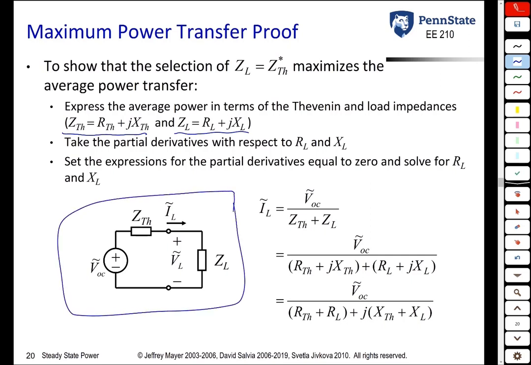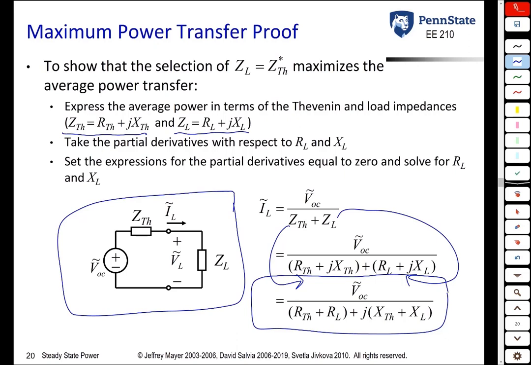We know that the current through the load, IL phasor, is going to be VOC phasor over Z Thevenin plus ZL. Z Thevenin is equal to that. ZL is equal to that. And so the current through the load is given by this expression here.